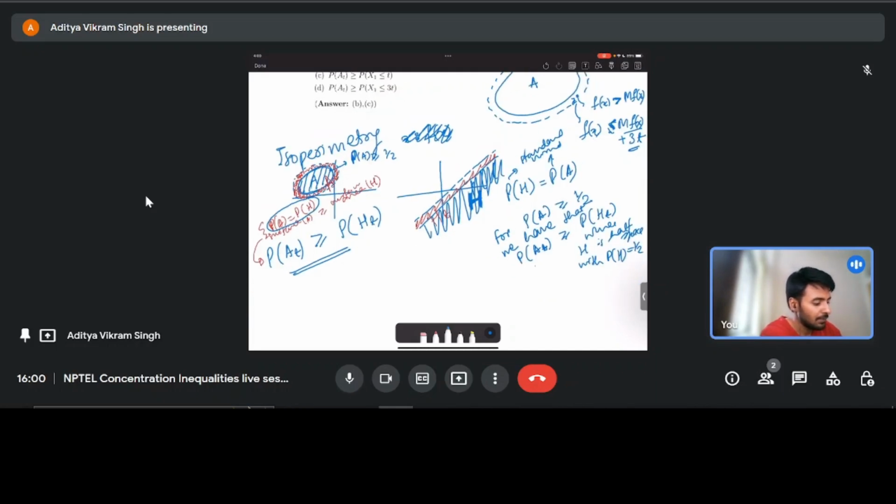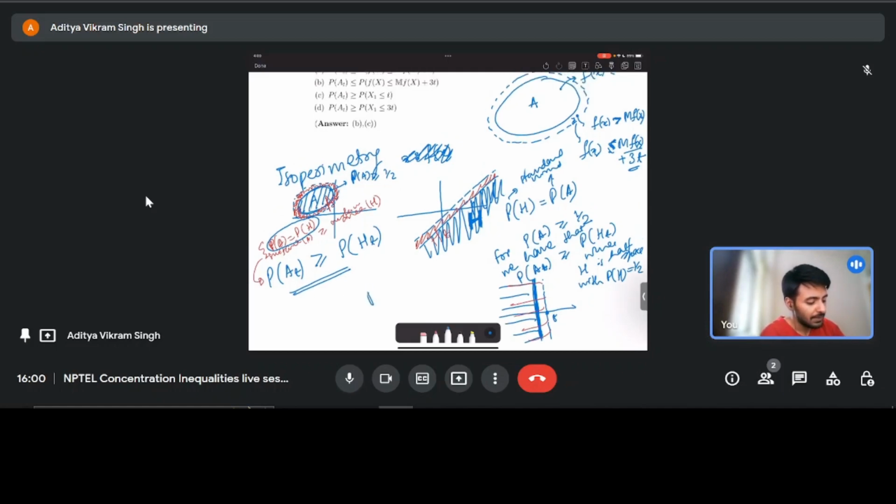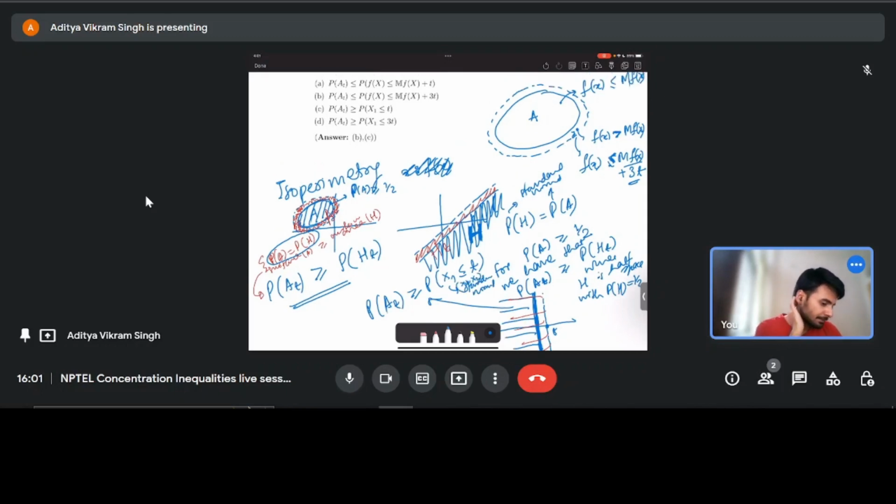Since the Gaussian is rotationally invariant, you can consider this half space here, and its T blow up would be this HT. So P of AT is greater than or equal to the probability that x1 is less than or equal to t, where x1 is standard normal.